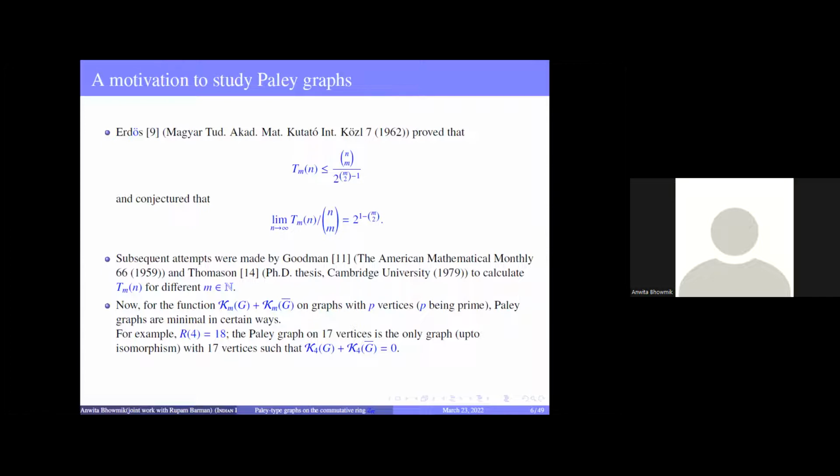So to show that R4 is not 17, I have to come up with a graph with 17 vertices such that neither the graph nor its complement has any complete subgraph of order 4. So the Paley graph on 17 vertices is the answer to that. So that is how the Paley graphs have come into the picture to study this Tm of n and in turn to study Ramsey numbers.